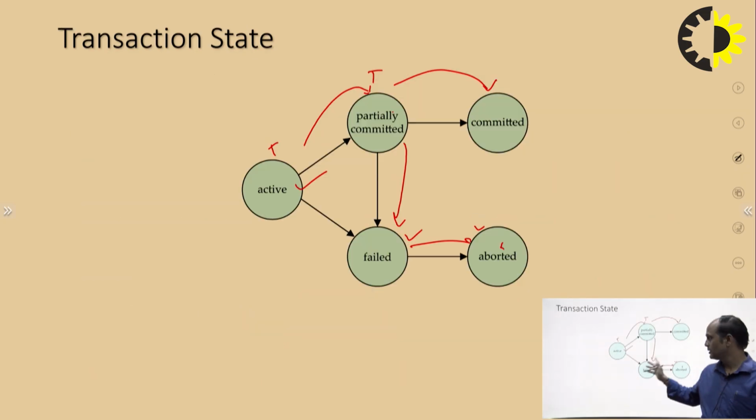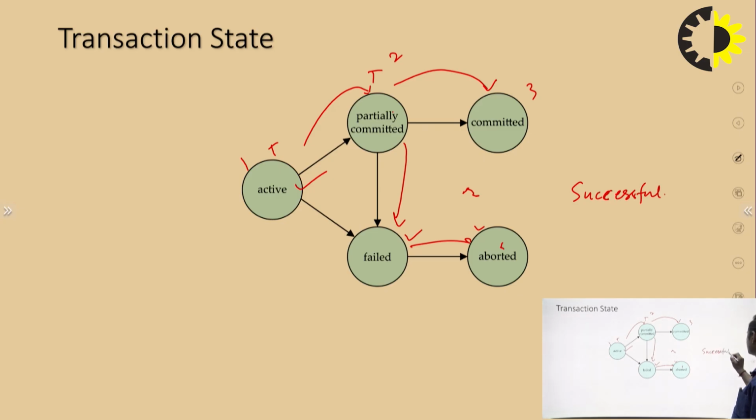This diagram exactly answers that. If a transaction executes successfully, then it starts from the active state, goes to partially committed, and after that it is committed. This is a successful transaction.